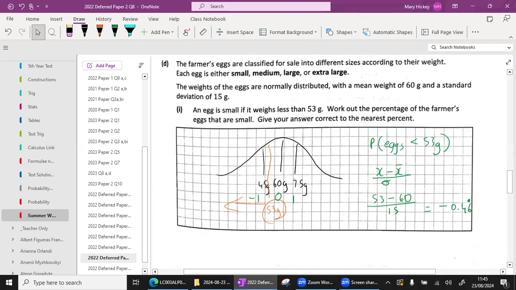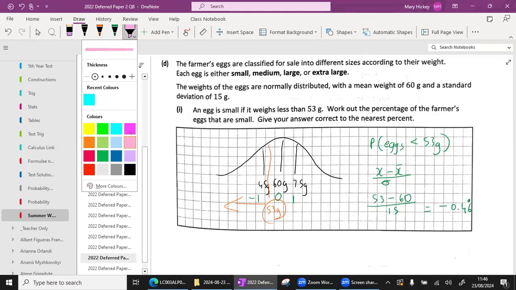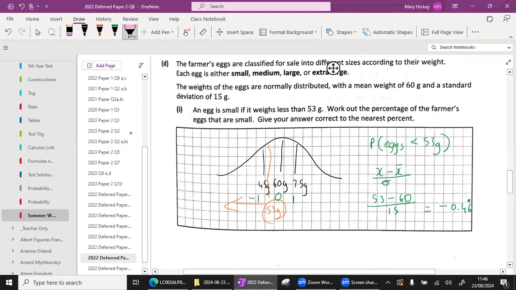So what we're going to do to get around that is we're going to have to find out what it is. Our log tables give us the positive version. So if we find out what it is going this way, we'll be able to do it on our log tables. And then all we have to do is take it from 1 when we're done.